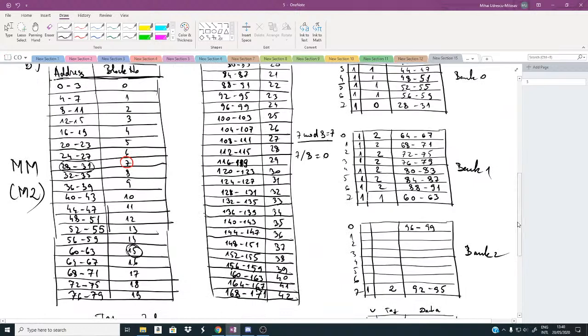See it here, 96 is block 24. Divided by 8, the modulo is 0, so it maps at index 0, but the quotient is 3.